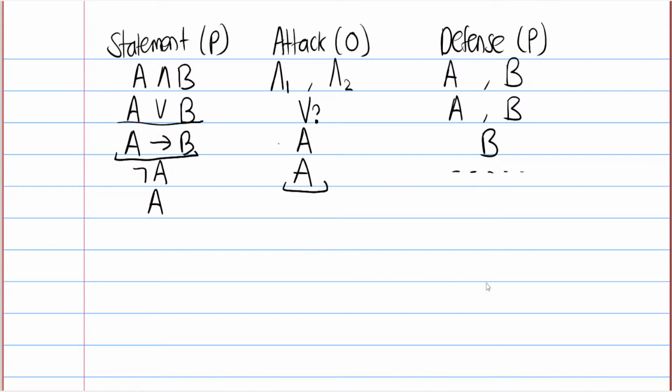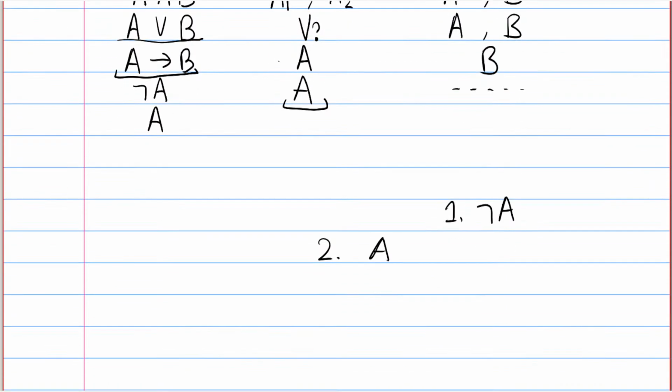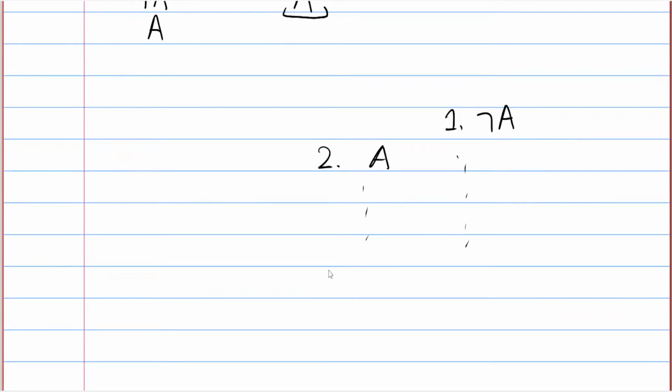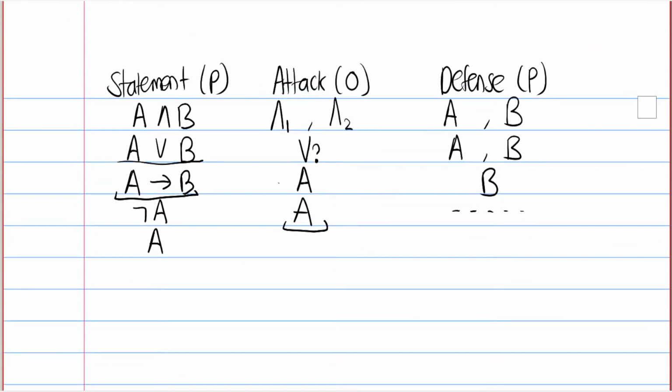So let's say we have not A and then A. That's number 1, number 2, and then some other moves. And somewhere along the line, P manages to make O say not A, then P will win, because O said two contradicting things. So they just lose the argument because they contradicted themselves. So that's a strategy that P can employ in order to indirectly defend themselves against this attack.